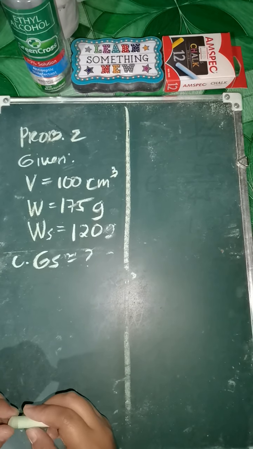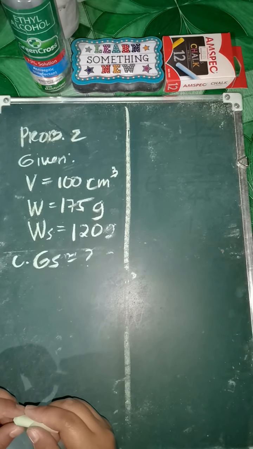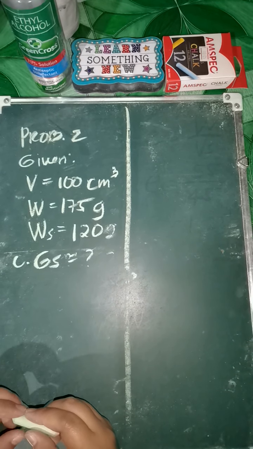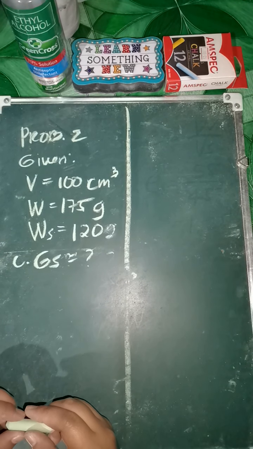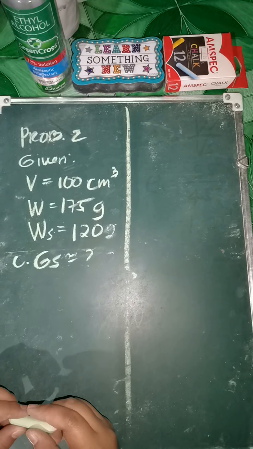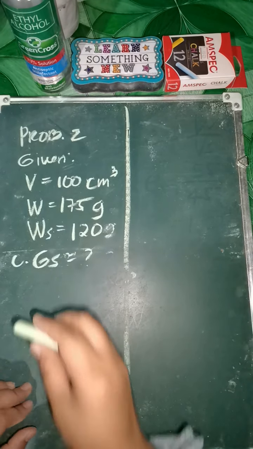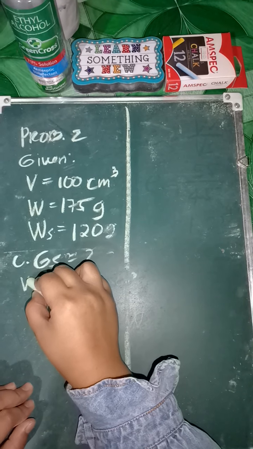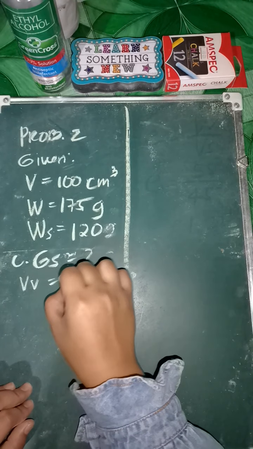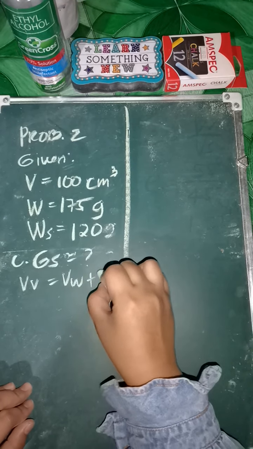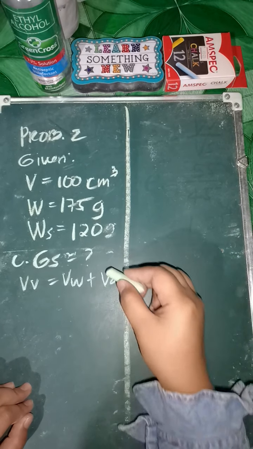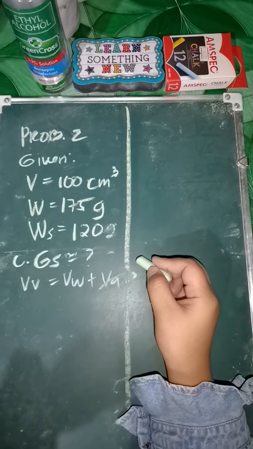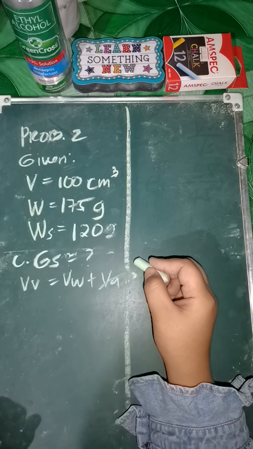The soil sample there is a clay, and the condition there is saturated. That's why a while ago, the volume of voids is equals to volume of water plus volume of air, so the air becomes 0. It's because the soil condition is saturated.